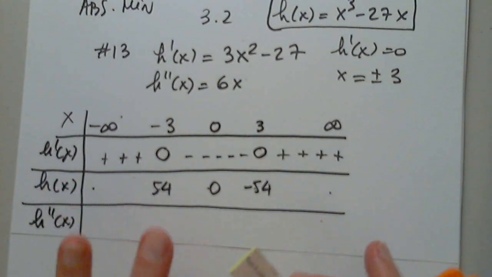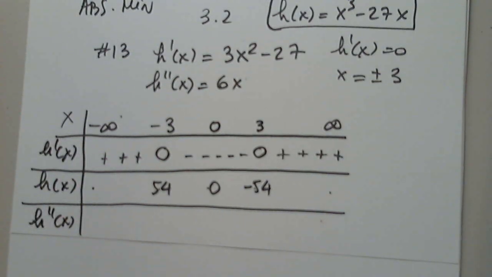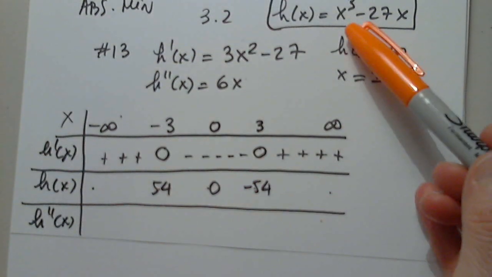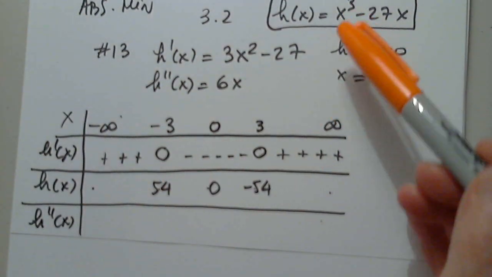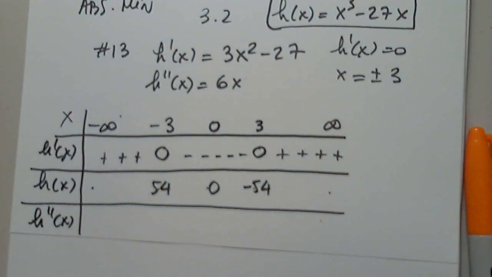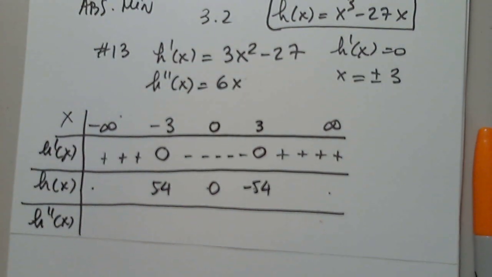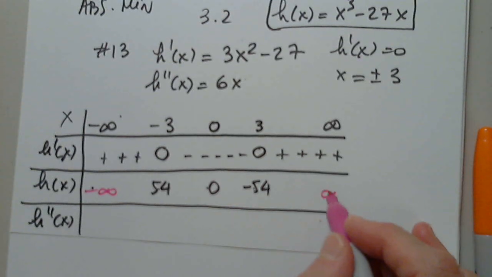So when you plug in -infinity here, what will you tell me to write? When you plug in infinity here, what will you tell me to write? -infinity, infinity. Of course, very clear.